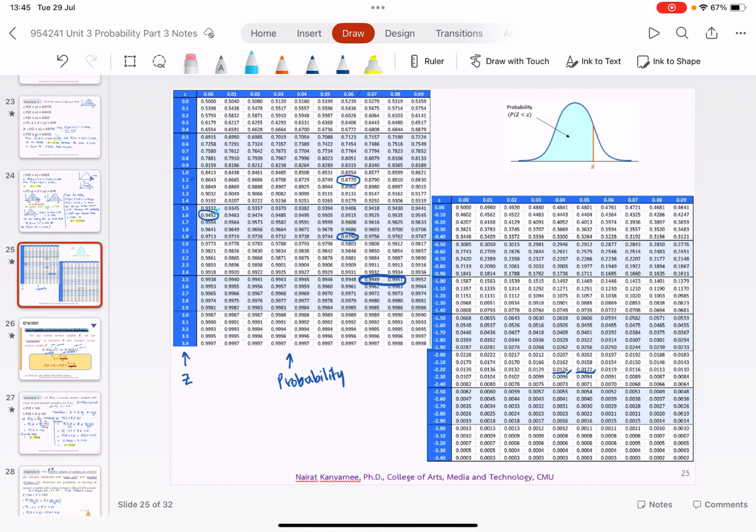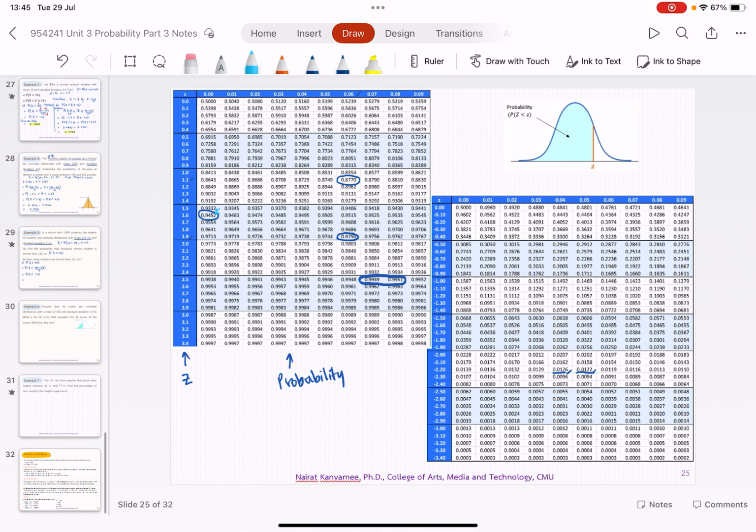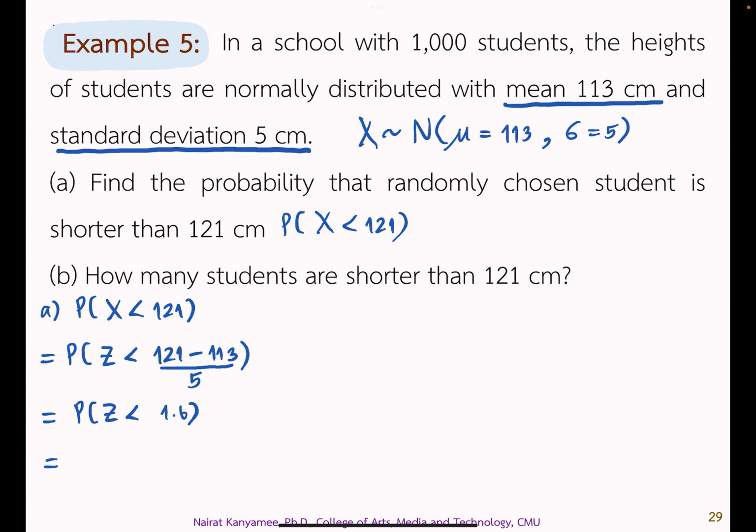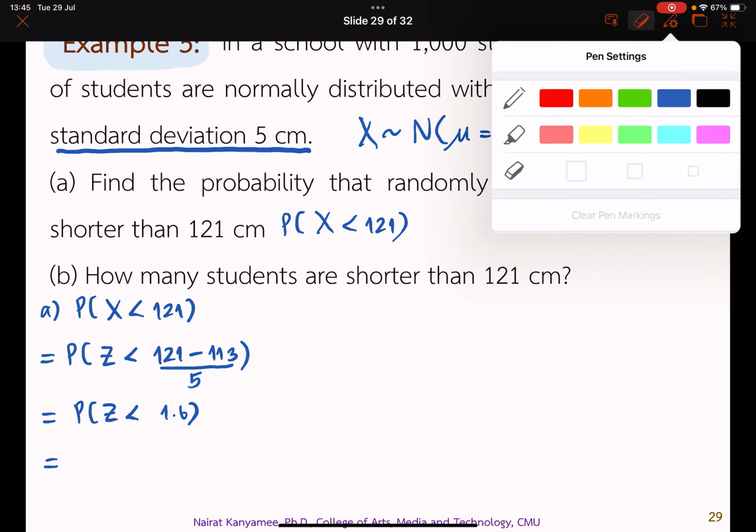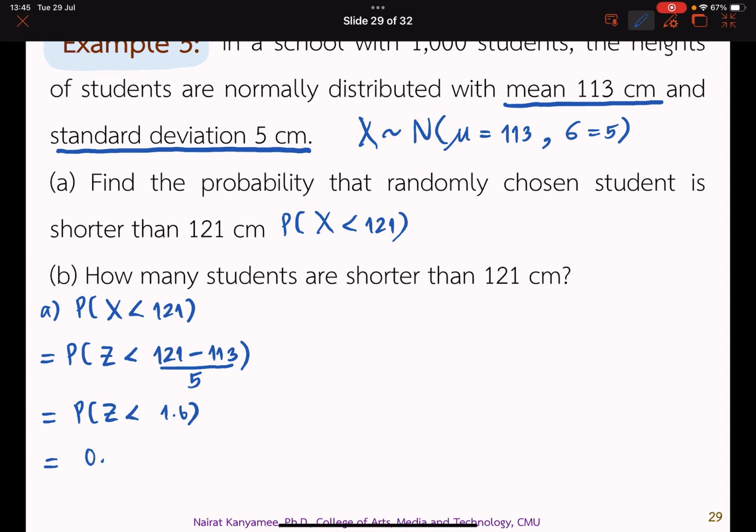So the value is 0.9452. So the probability is 0.9452 that if you choose a student, that person will be shorter than 121 with a chance of 94%.